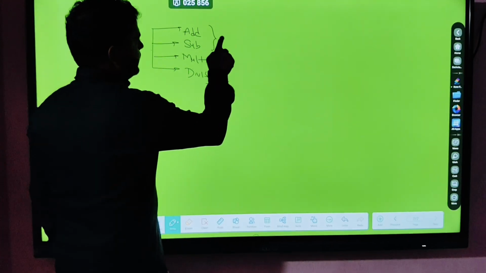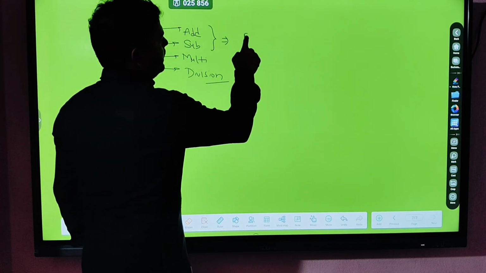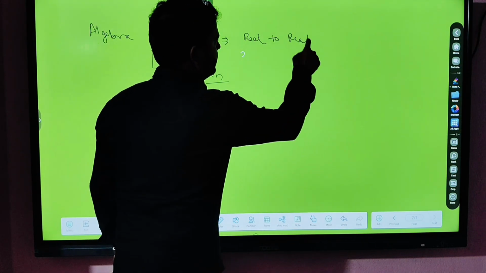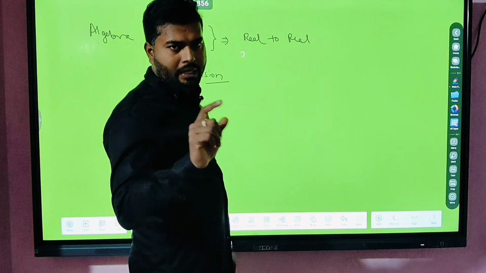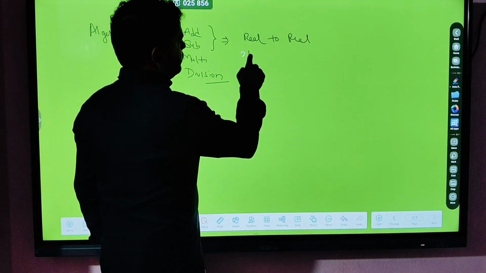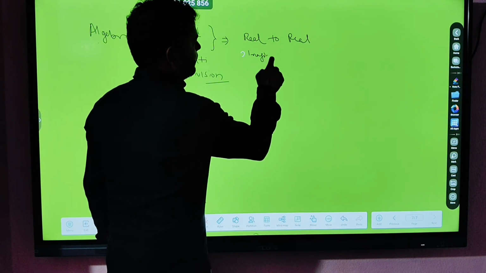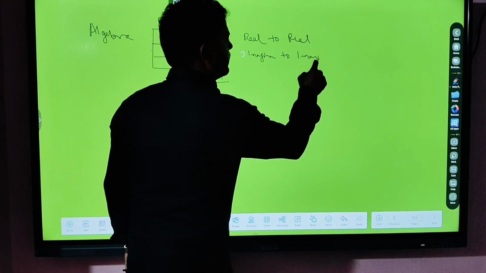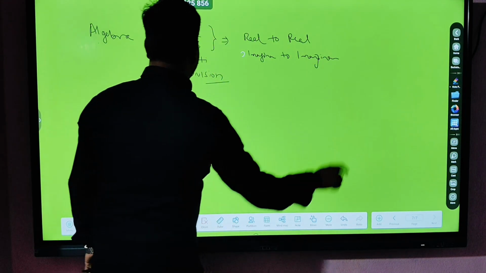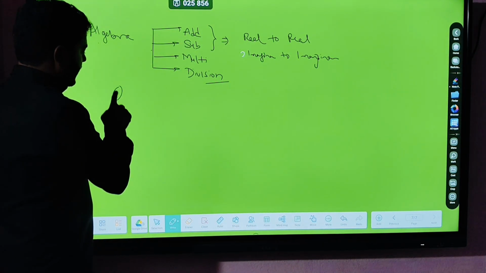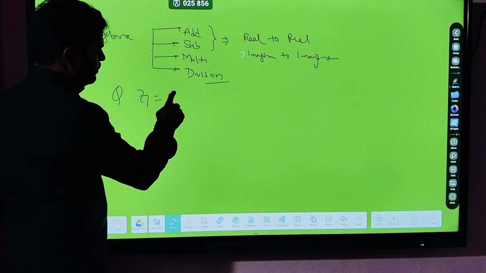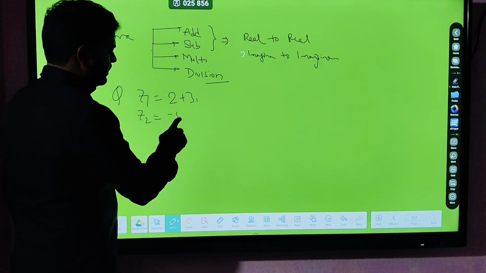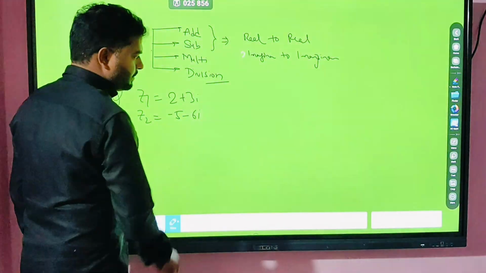In addition and subtraction, what we do is real to real and imaginary to imaginary. That's all. Okay, for example, let's say I have Z1 as 2 plus 3 iota and Z2 as minus 5 minus 6 iota.